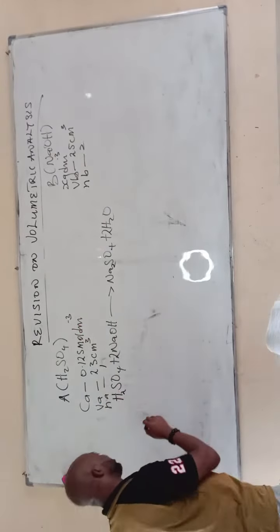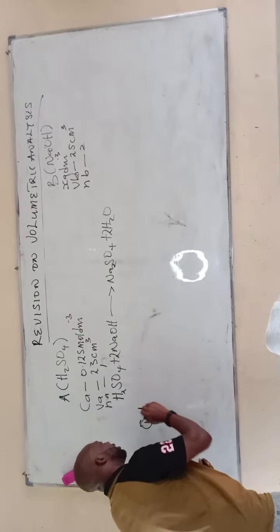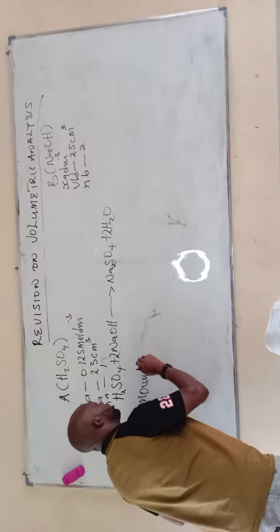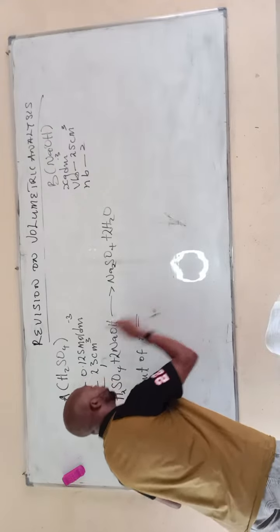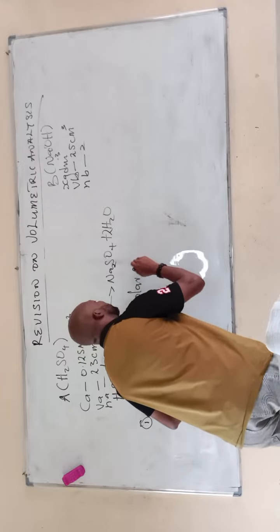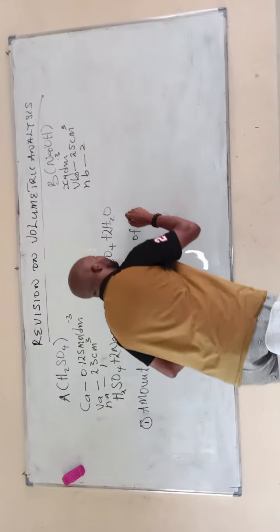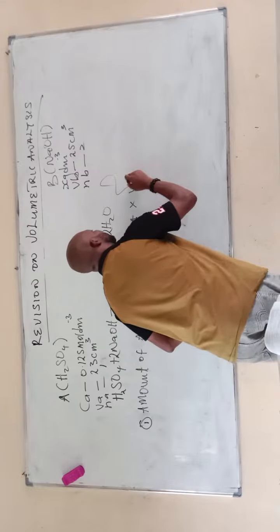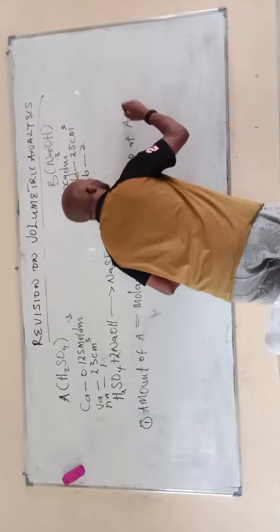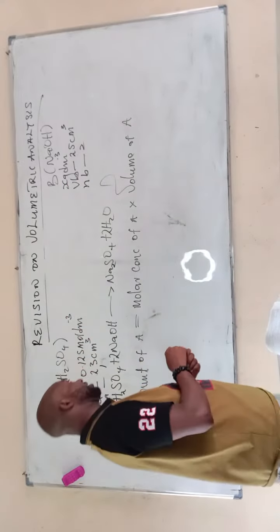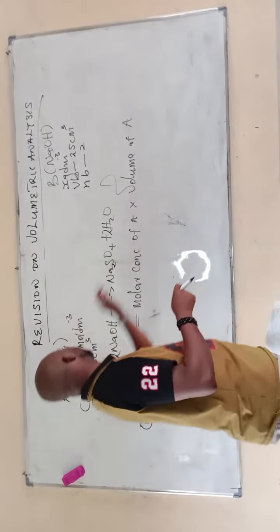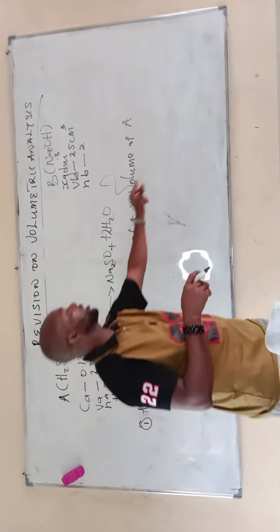So let's now say the amount of A is the molar concentration of A times the volume of A. Remember, the volume is in dm cube, which means whatever the volume is here in cm cube must be converted to what?